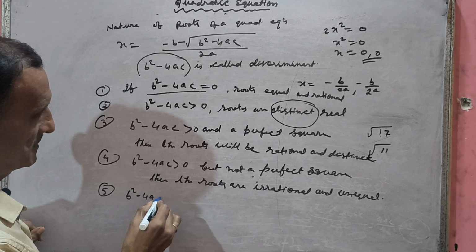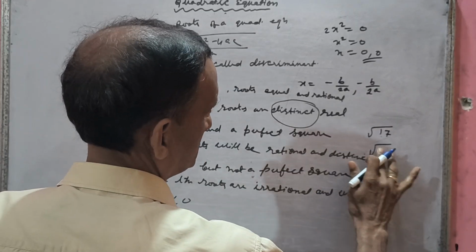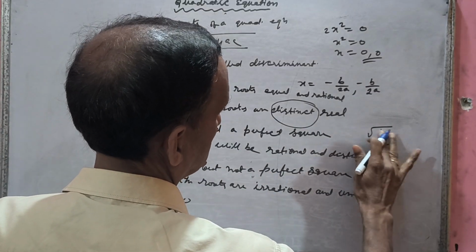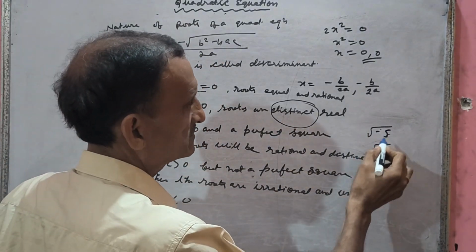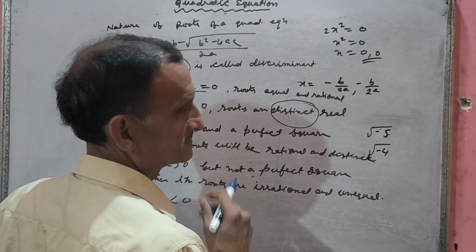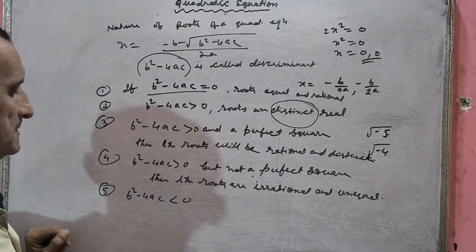So if b square minus 4ac is less than 0, only one condition. Less than 0 means like this, minus 4, or like this, minus 5. You know, these are not real. A negative number under the root is not a real number.